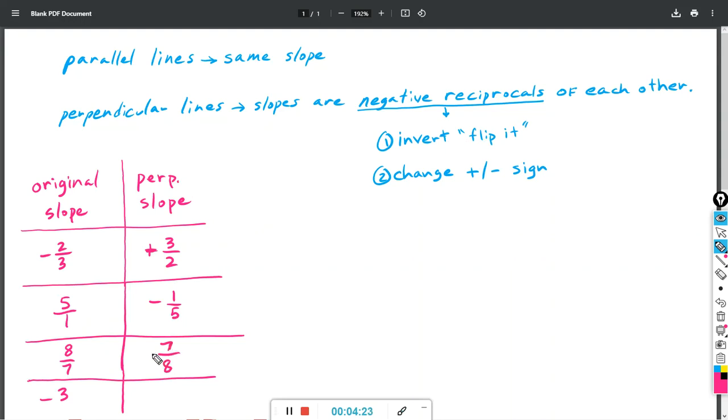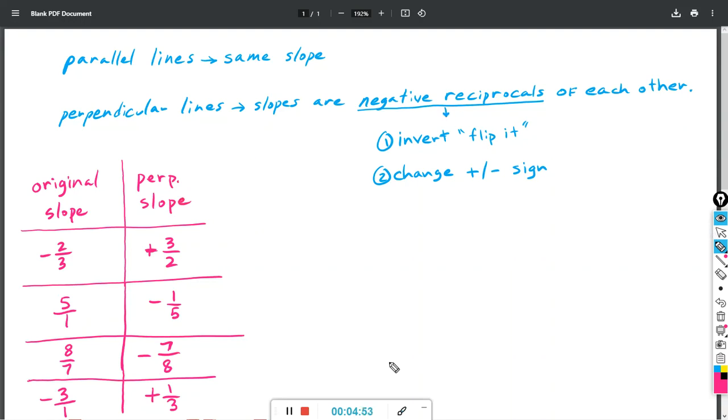And then change the plus minus sign, negative 7/8. If the original slope is negative 3, you can make it a fraction by putting it over 1. Okay? So flip it, and that makes it negative 1/3. And then change the plus minus sign, positive 1/3. Okay? So that's how you find the perpendicular slope, or the negative reciprocal.